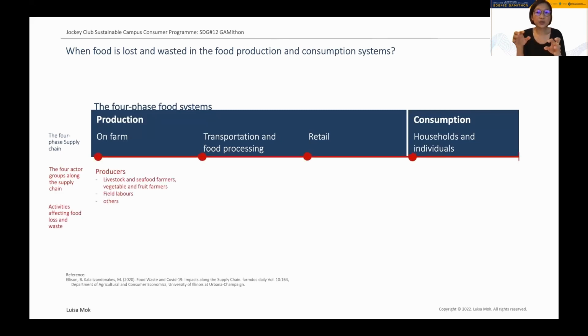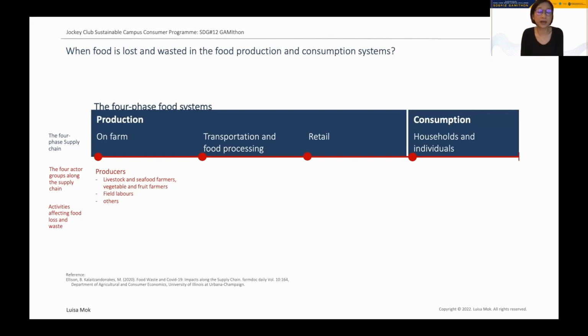So we also need to understand who the actors are. Because if we know the actors, then we can design something targeting them, hopefully to help them prevent or minimize food waste and food loss, or also try to change their behavior to behaviors that are good for preventing and minimizing food loss.